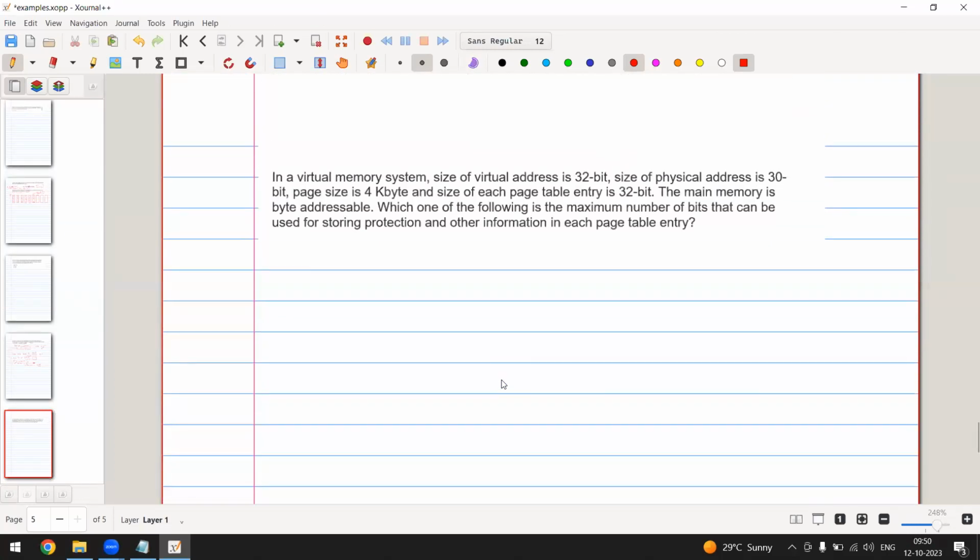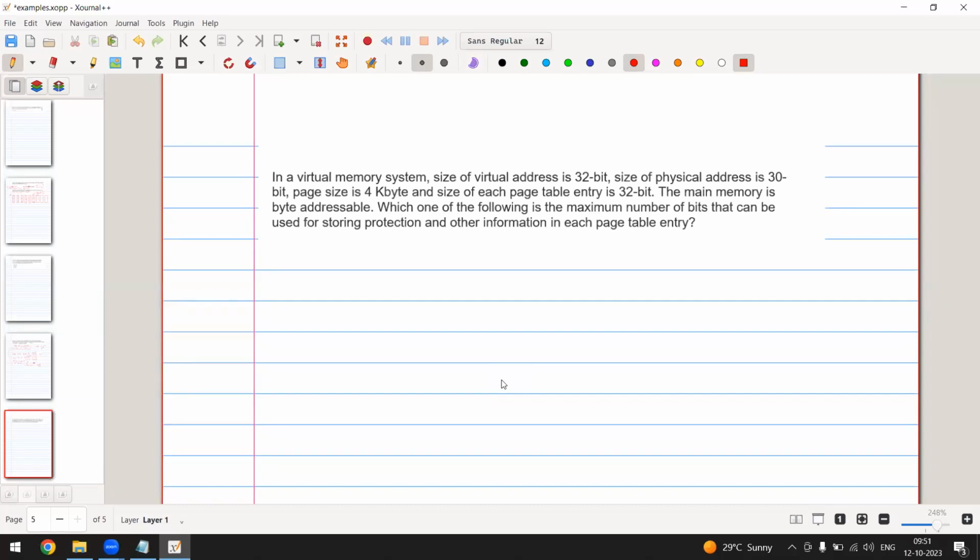Okay, let's take the third example. The third example says that in a virtual memory system, size of virtual address is 32 bit. Size of physical address is 30 bit.